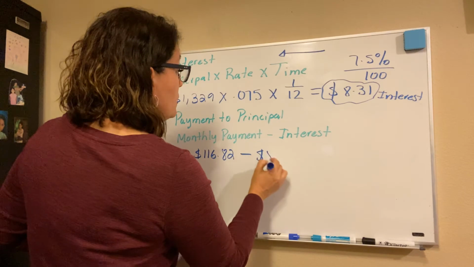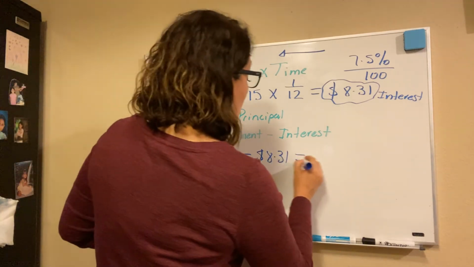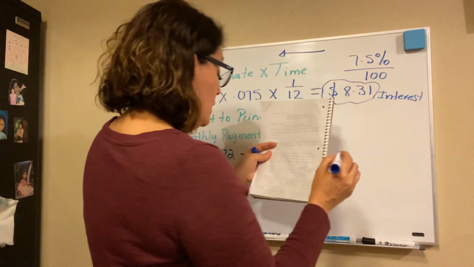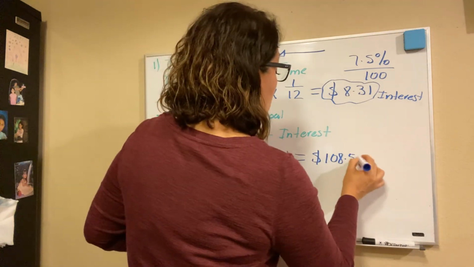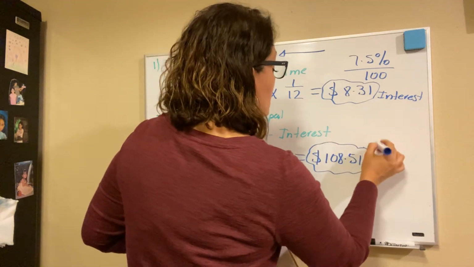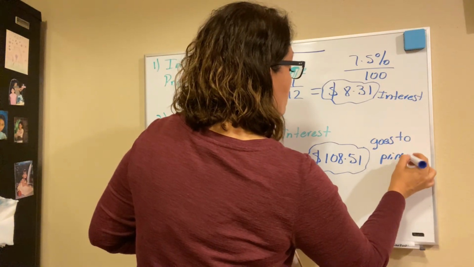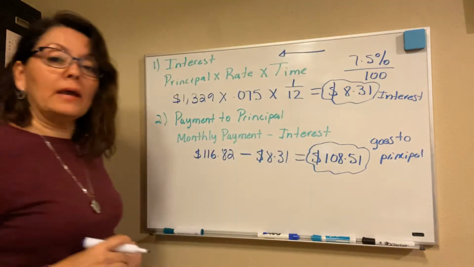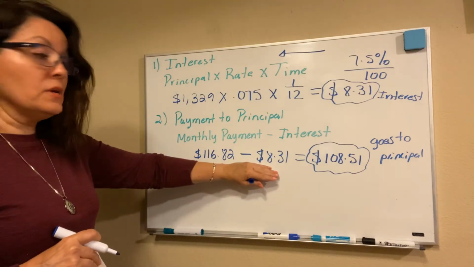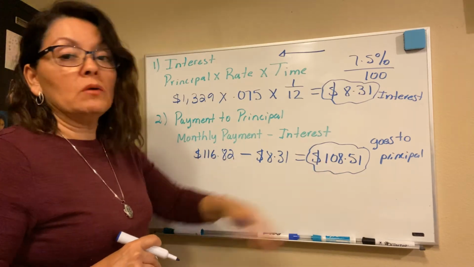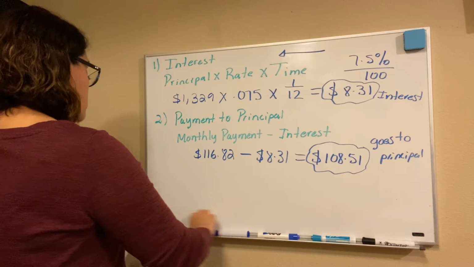So it is going to be 8.31. So how much goes to the principal? 108.51. This is the amount that goes to principal. So this is the amount that we pay minus the interest. So this one is the amount that's going to end up paying the principal.